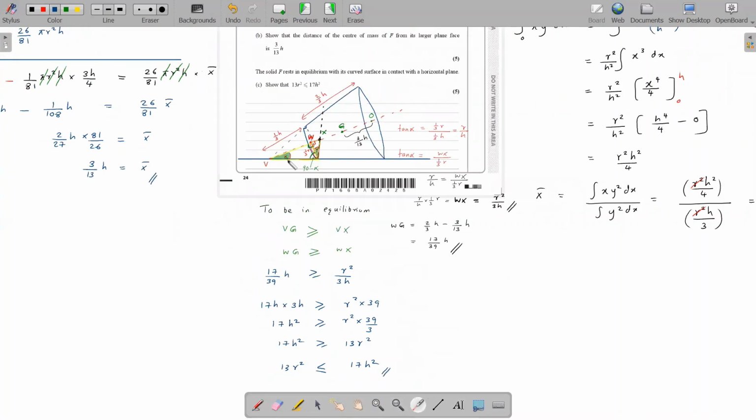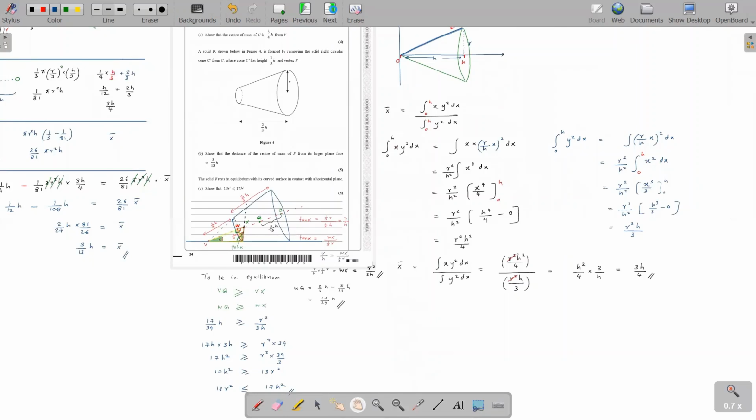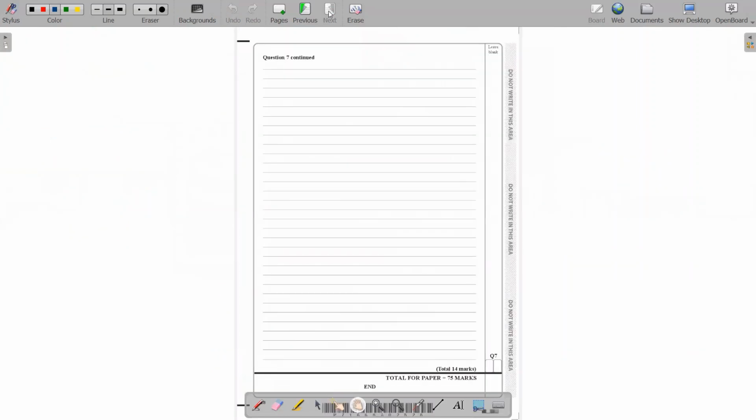I explained this in a previous video as well. This part is a little bit tricky. But if you can understand how to take the distances, then you can get the show that quite easily. Okay, so this is the end of the October 2021 M3 paper.